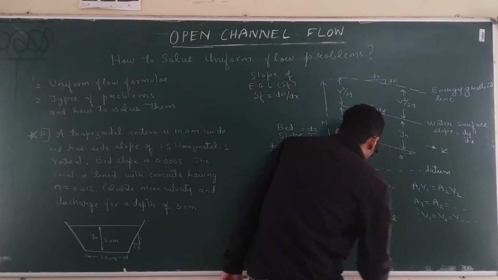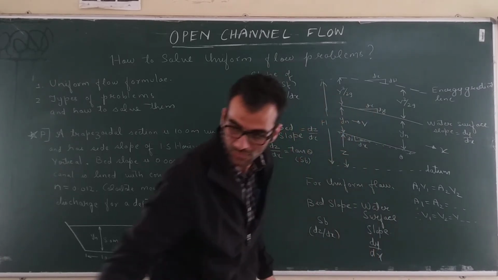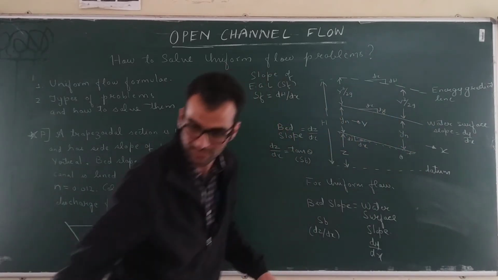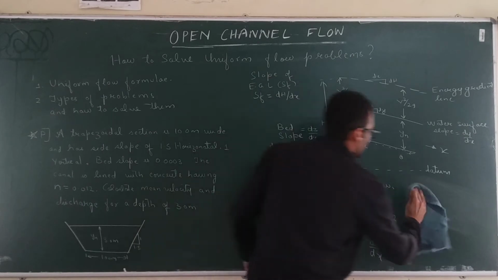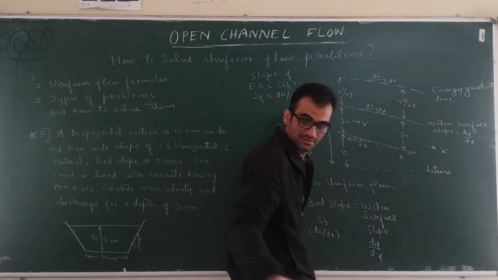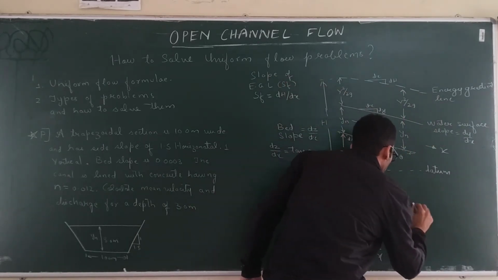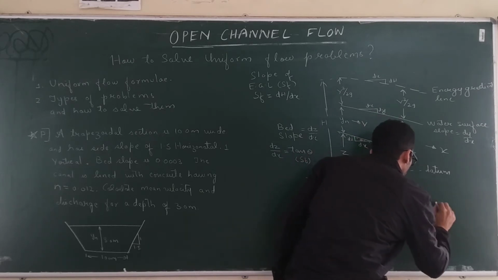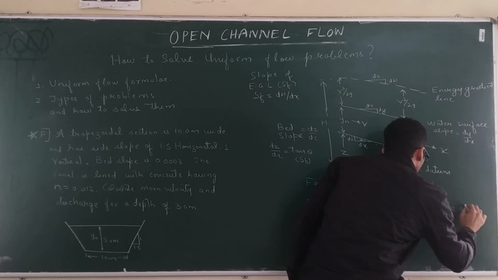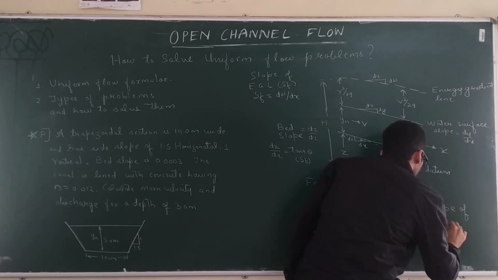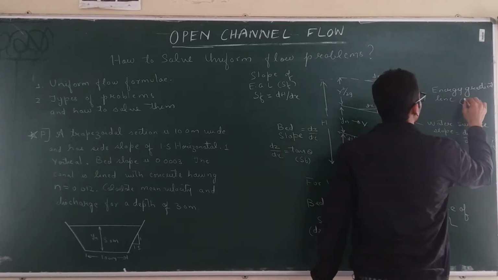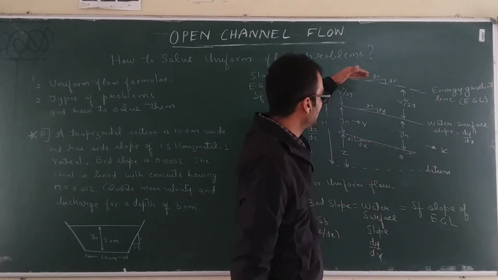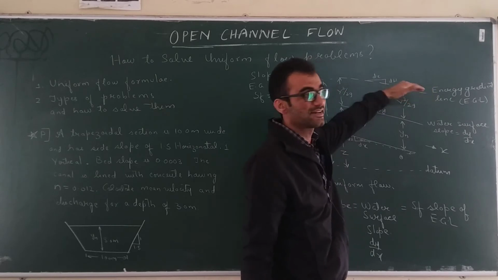So for uniform flow we again get one condition, which we should remember: the bed slope is equal to the water surface slope, which is equal to SF, the slope of the EGL. EGL is nothing but the energy gradient line, the line which represents the total energy head along the flow.